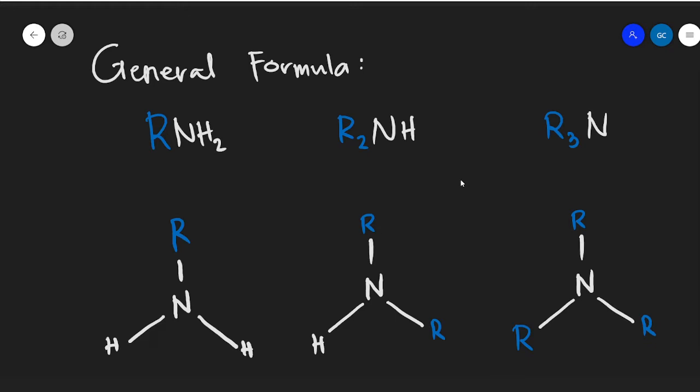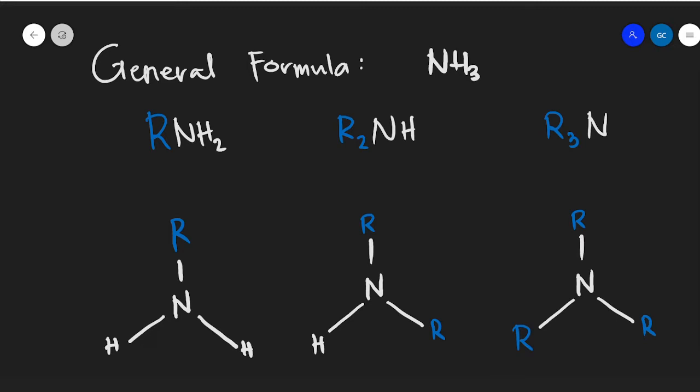So, as I said earlier, it comes from our ammonia. So what happens to that ammonia? At least one of those hydrogens is replaced by one R group. Like I said, those R groups can be an alkyl or an aryl group.